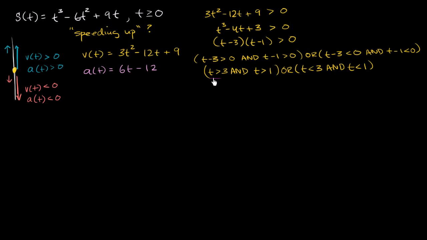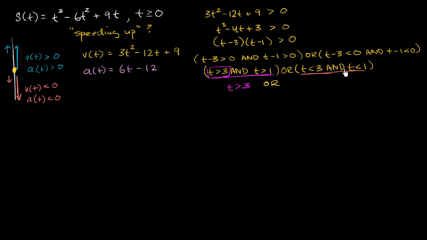If t is greater than 3 and t is greater than 1, well, if it's greater than 3, you're going to be greater than 1. So really, this t is greater than 1 isn't adding anything. So we could just simplify this to t is greater than 3, or, over here, t is less than 3 and t is less than 1. Well, if you're less than 1, you're definitely less than 3.